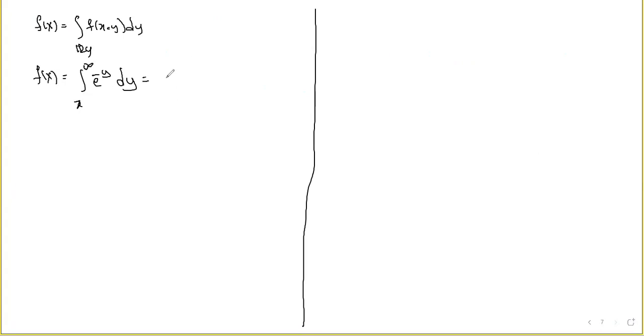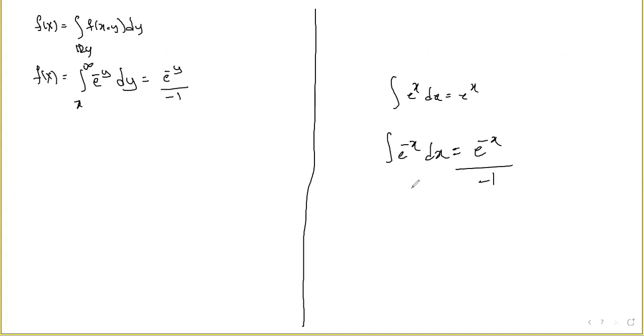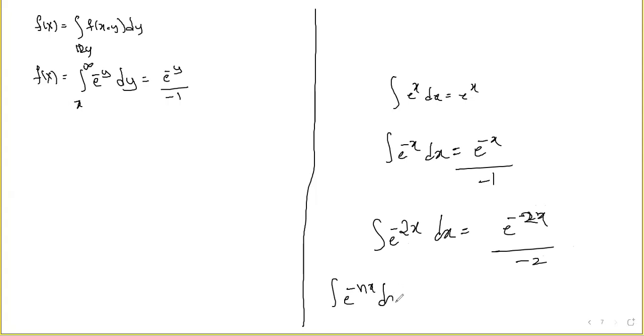Okay, now this is equal to e power minus y divided by minus 1. The integration of e power x is e power x, but the integration of e power minus x is e power minus x divided by the coefficient of x. For example, integration of e power minus 2x dx is equal to e power minus 2x divided by minus 2. In general, integration of e power minus nx dx equals e power minus nx divided by minus n, right?